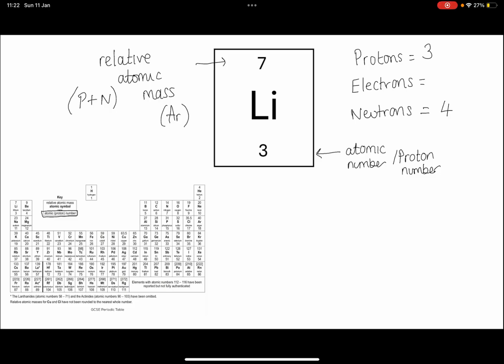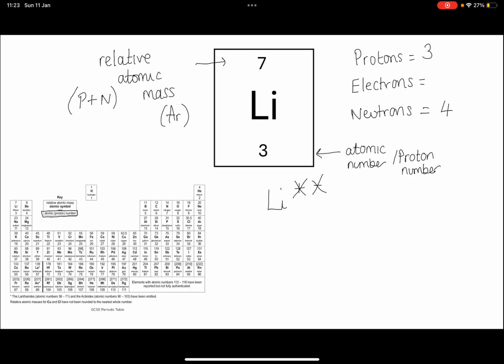And then the final subatomic particle, how do I work out the number of electrons? If it's an atom, you can assume that it has the same number of protons and electrons, if we don't see a charge. What I mean by that is, if it just has a symbol, there's no plus next to it, there's no minus next to it, then it will have the same number of protons and electrons. So lithium, no charge.